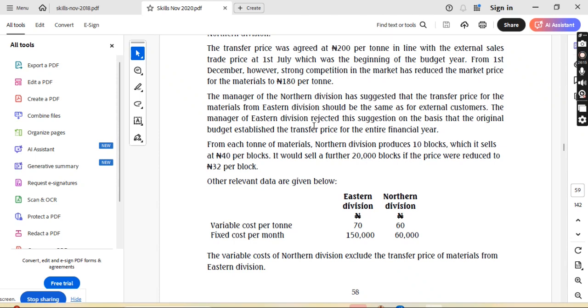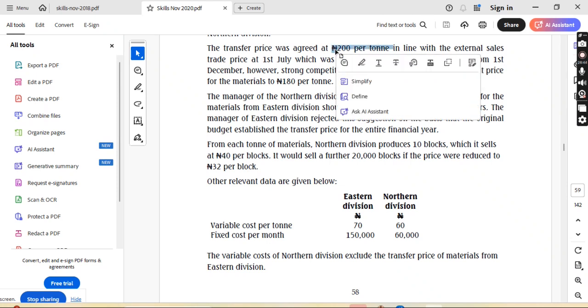The manager of eastern division rejected this suggestion on the basis that the original budget established the price for the entire financial year. What is the original agreement at the beginning? It is 200 naira per ton.